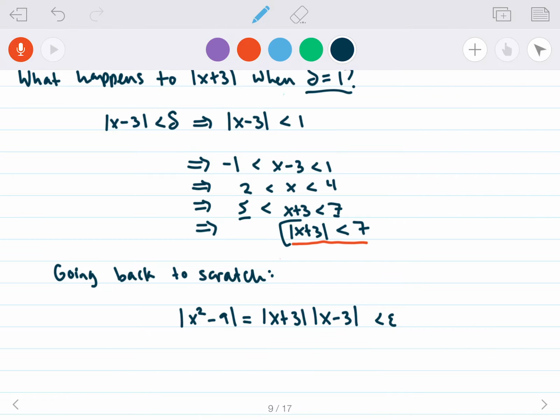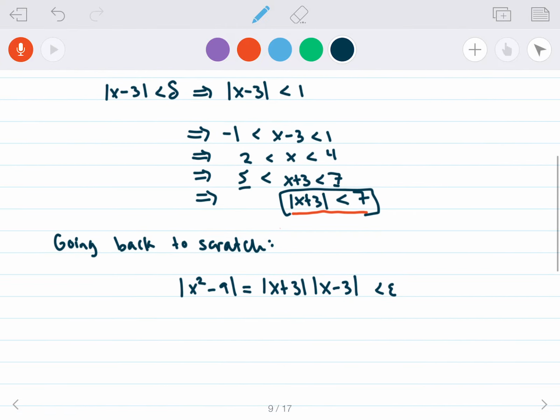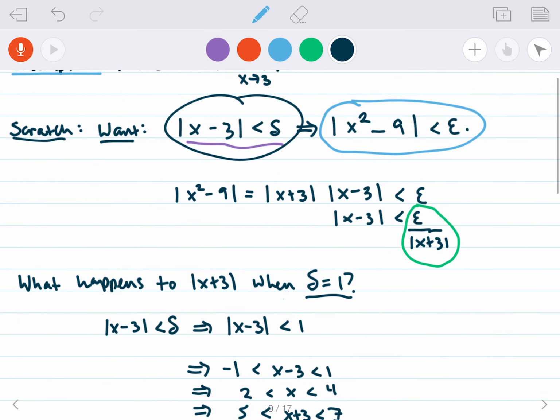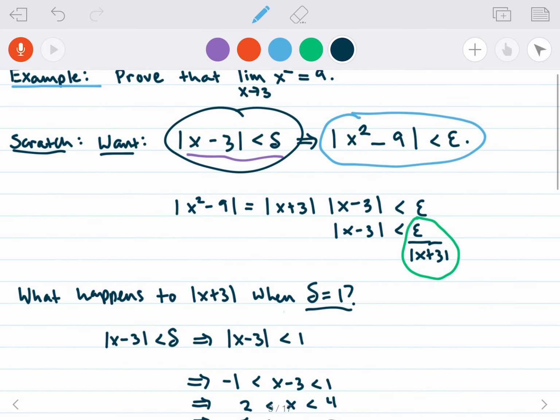And if we have this bound, then this gives me that this is less than 7 times the absolute value of x minus 3, just using that boxed part above. And if I want this less than epsilon, then dividing by 7, I get the absolute value of x minus 3 is less than epsilon over 7. And that is my hypothesis here. If the absolute value of x minus 3 is less than epsilon over 7, then this is going to work out.